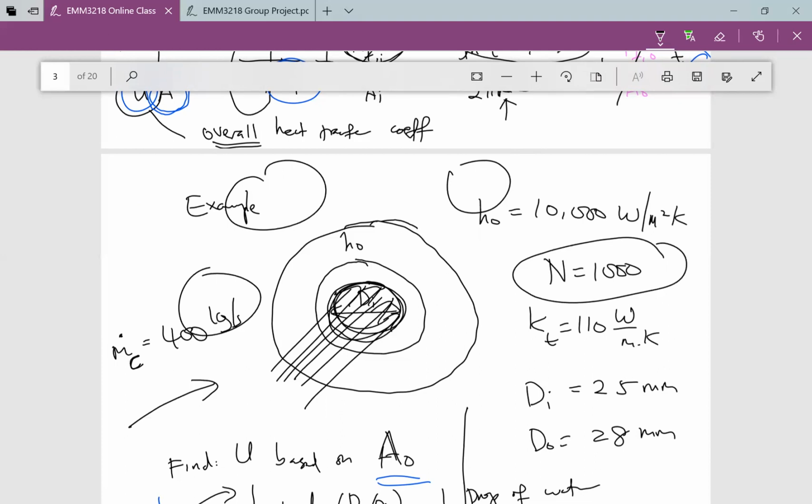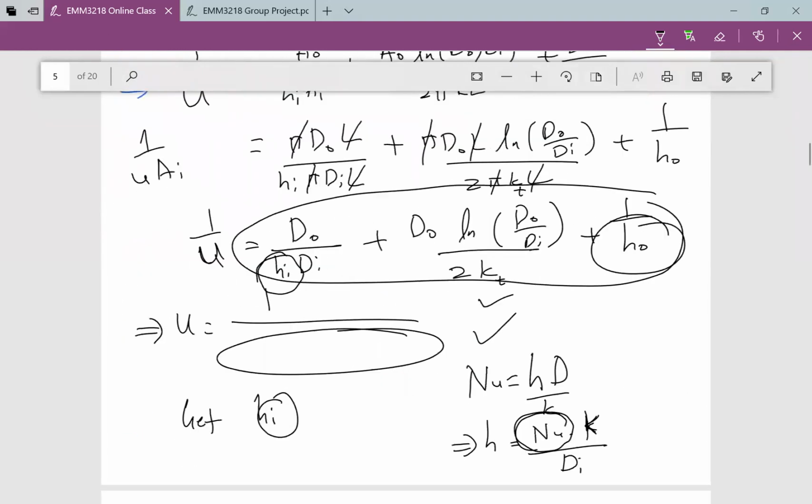What do you think? What happened to m dot? M dot cooling water. Class? Do you multiply it by 1,000? Okay, that's a good try.